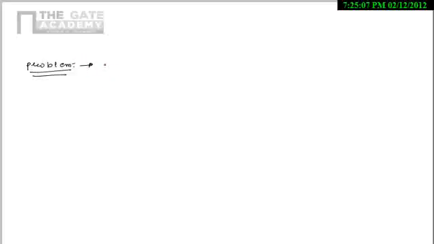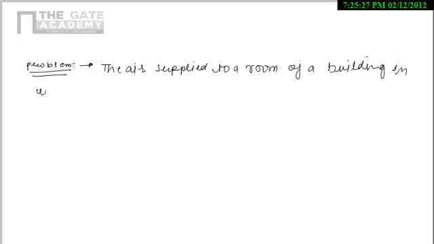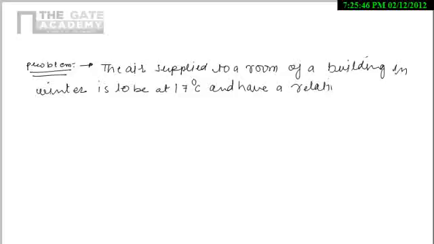The air supplied to a room of a building in winter is to be at 17 degrees centigrade and have a relative humidity of 60%.